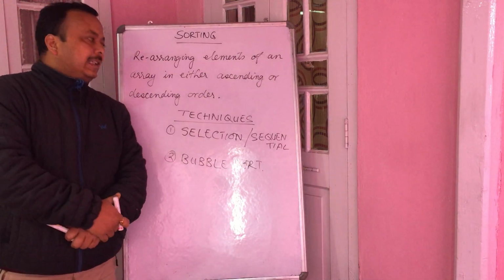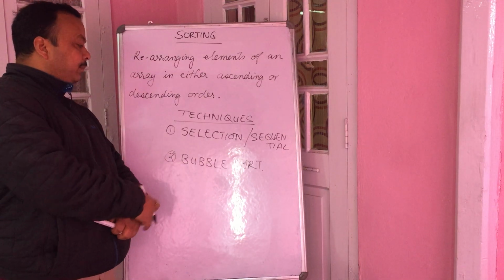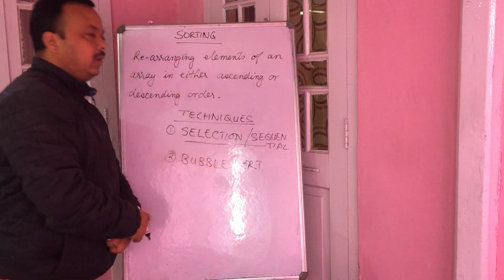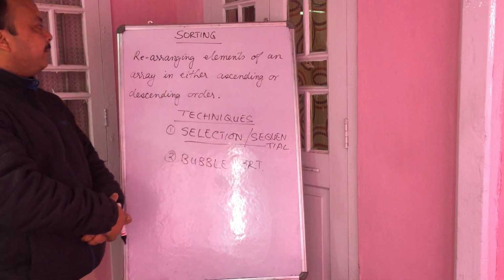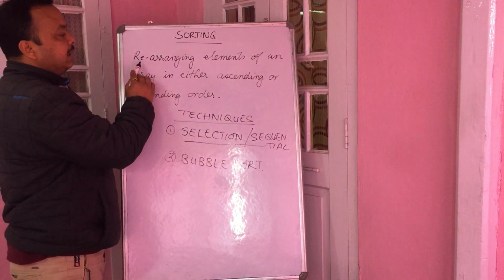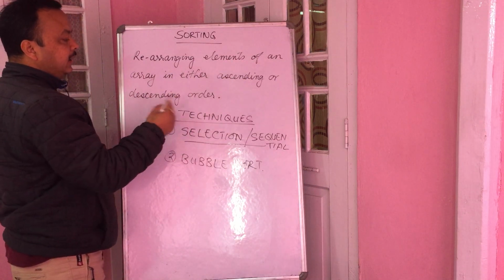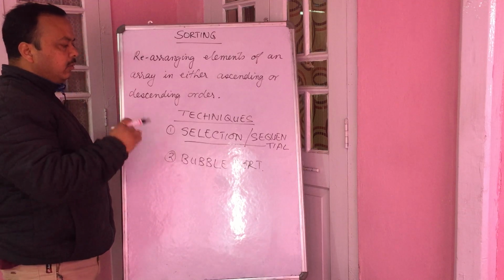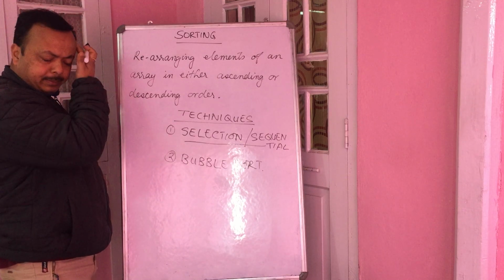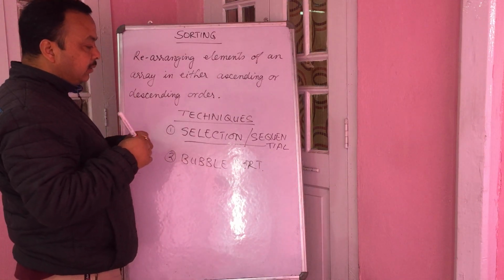So let us see one. The first one we'll pick is selection sort or sequential sort. What is sorting? It is rearranging of elements of an array in either ascending or descending order. We will also look at practically how these things happen.